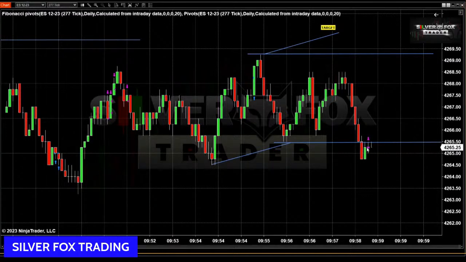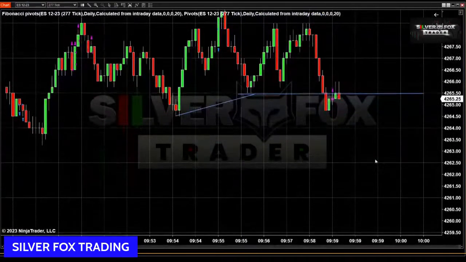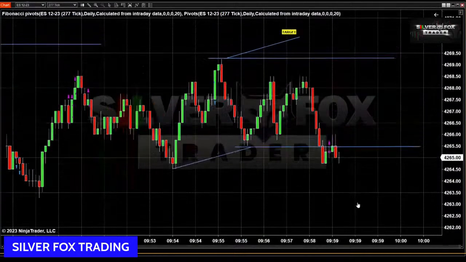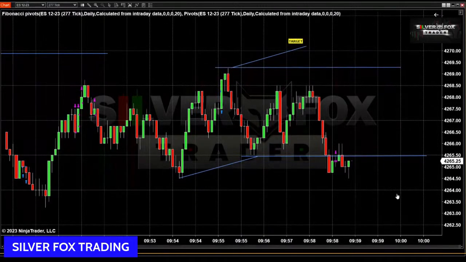It's either going to go to the top, retrace, and continue going up, or it's going to sell. So we do know something here, that we're chopping between 69 and 64.